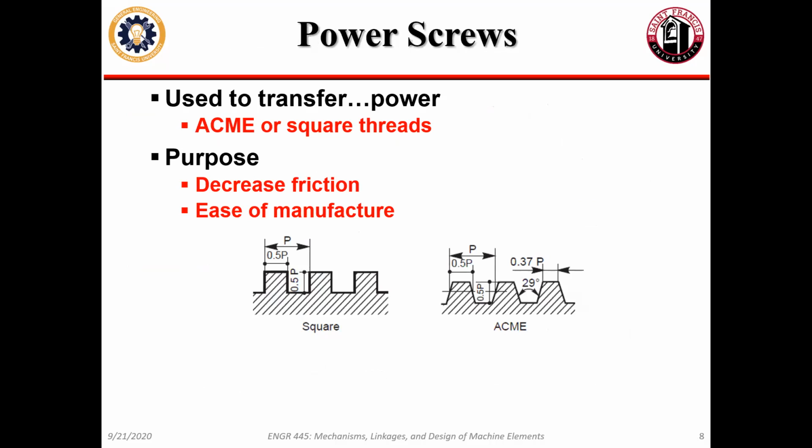That said, square threads are not usually utilized because they're hard to cut. What's used instead is called Acme threads. So if you look at this little bar, nice catch, if you look at the profile of the teeth, I have to turn a little sideways, you'll see that they're not square.